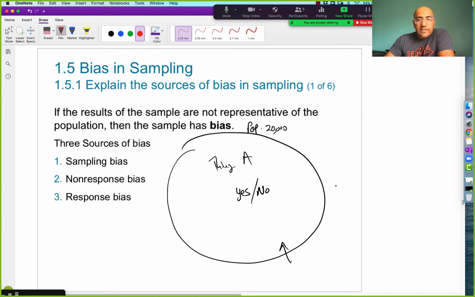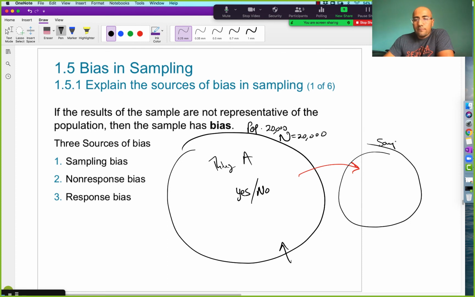So what we do is we take a little sample that's more manageable, and we're going to take that sample, maybe that sample only has 100, right? So this is capital N, I should say that here. Capital N is 20,000, the number of members of my population. And in my sample, we use lowercase n, maybe my sample only has 100.